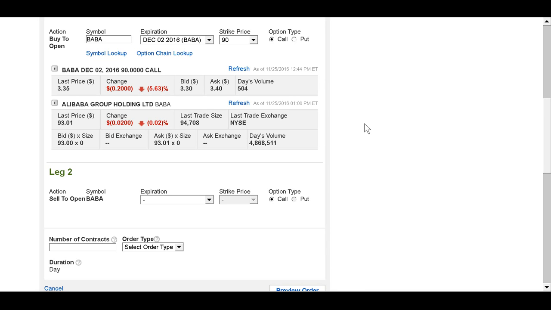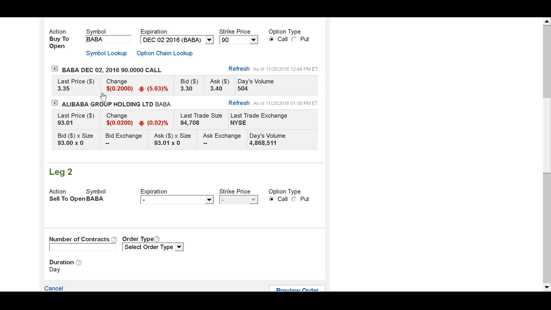Okay, so how do you get the intrinsic value? Well, first of all, only in the money options, which means call options where the strike price is less than the current price, have any intrinsic value at all. You get that number by taking the current stock price and subtracting the strike price if it's a call option.